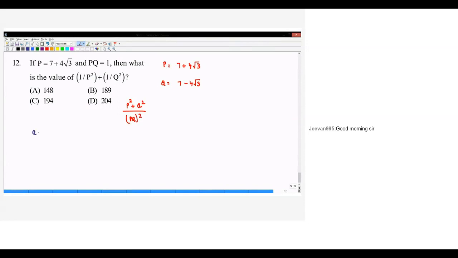We know A plus B whole square plus A minus B whole square is 2 into A square plus B square.